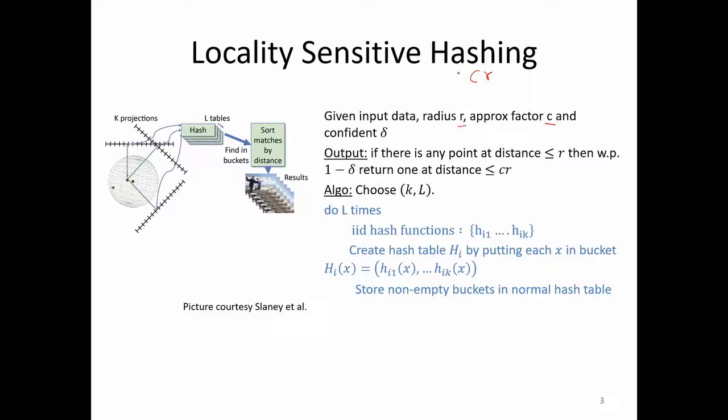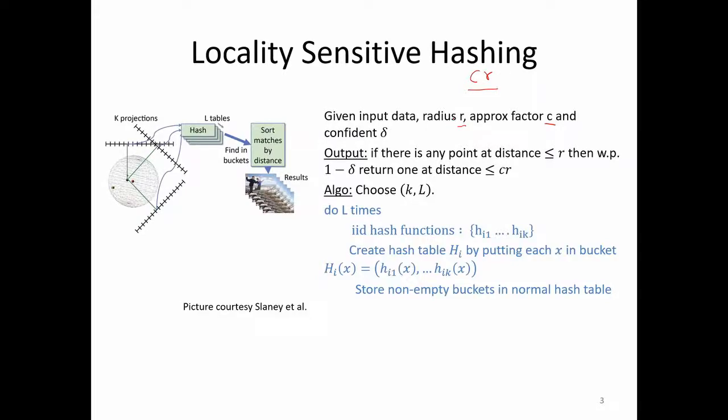So you have an approximation factor of c. So even though you are interested in retrieving points within radius r, you are tolerant to retrieving points within c times r radius. Okay, but c is here greater than 1.